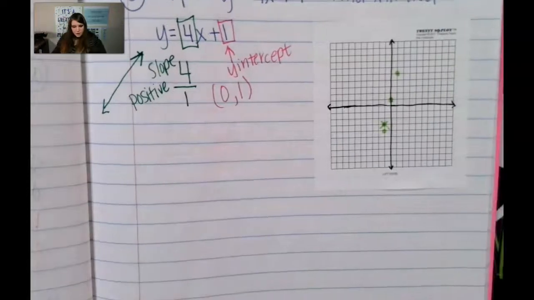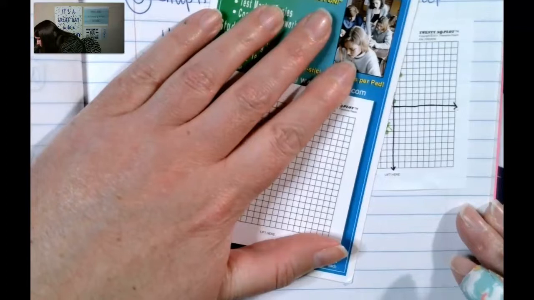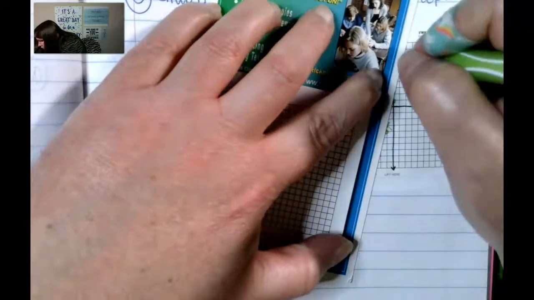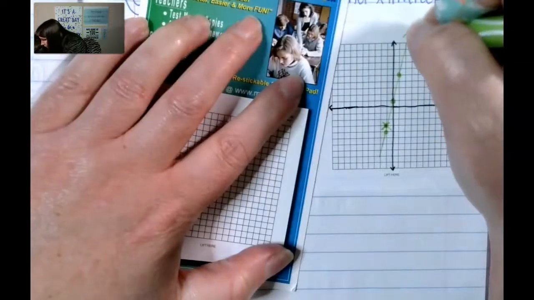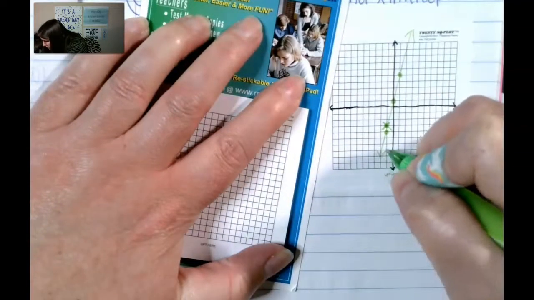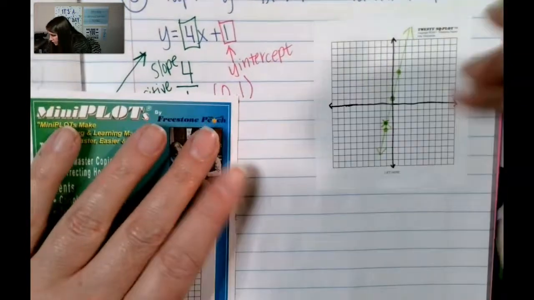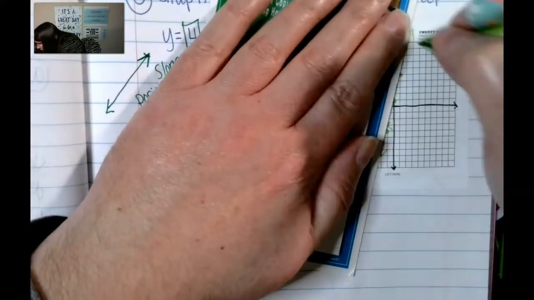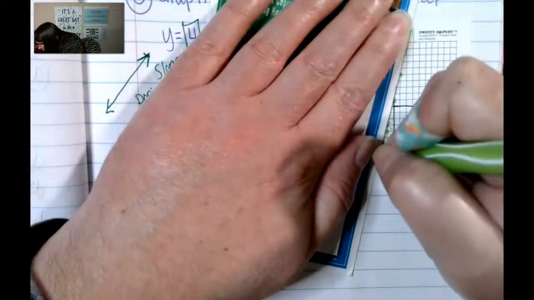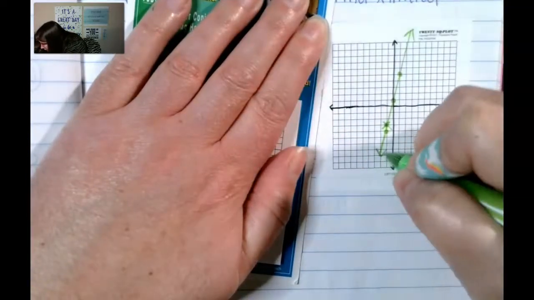Okay, so now we're going to graph this and draw our little line right through here. This green is really challenging, it's like my pen is dying on that one. Let's redraw this. There we go. All right.